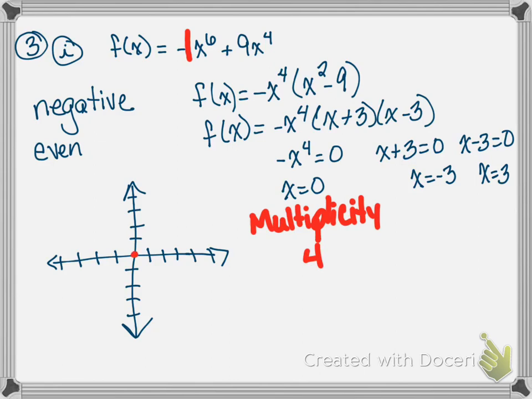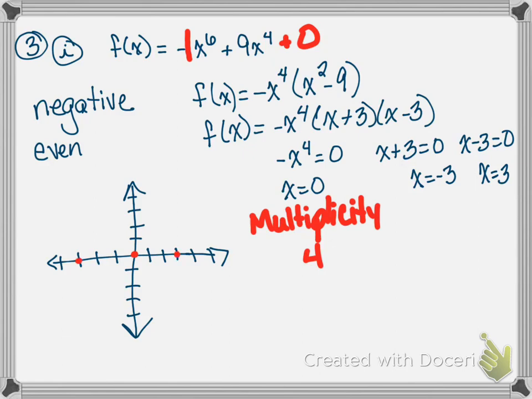That's our x-intercept. It's also our y-intercept because we don't have a constant at the end of this. We just have -x to the 6th plus 9x to the 4th. So you can think of that as +0, and that's your y-intercept. You could also plug in 0 for all of your x's, and you would also get 0. So that's your y-intercept. Then I have -3, and then I have +3.